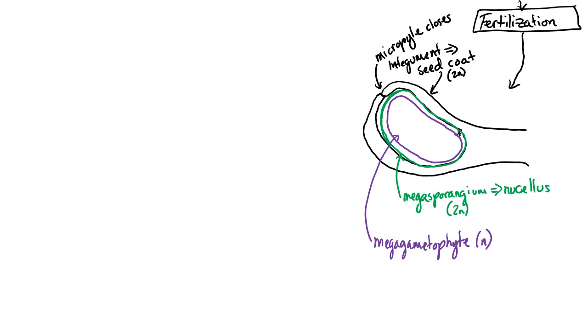So that zygote that forms within that is going to grow. It starts as a zygote, and that's your first diploid cell. It grows by mitosis within this structure, and because it's retained, it's called an embryo.